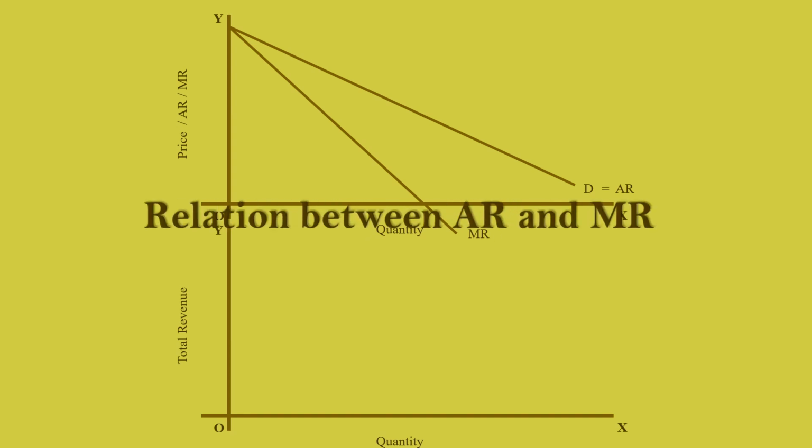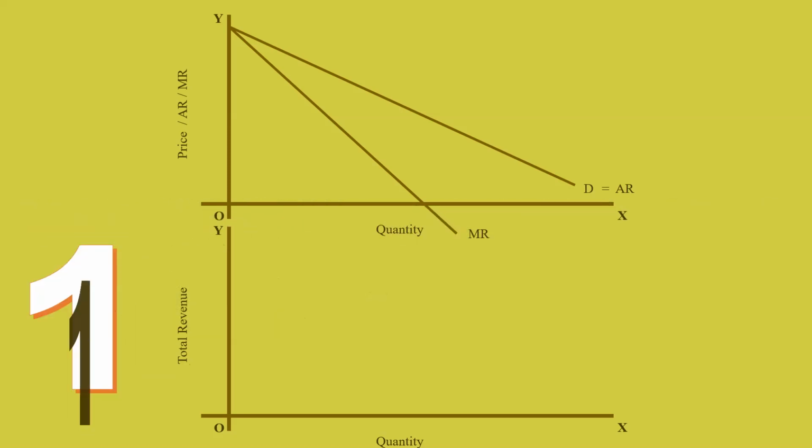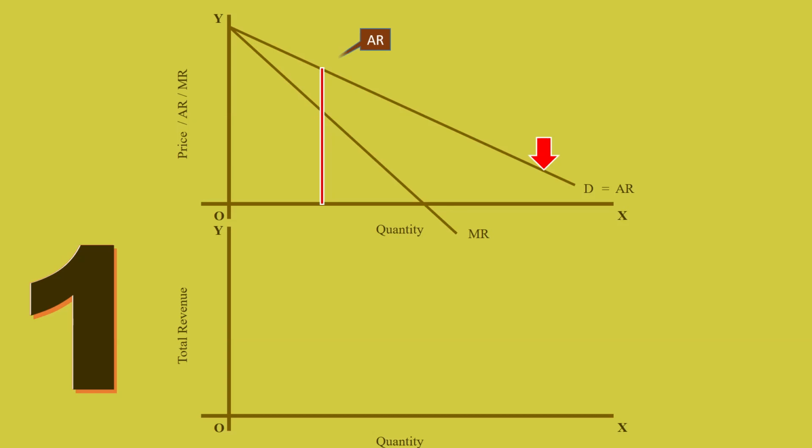We shall examine the relation between average revenue and marginal revenue first. 1. When average revenue falls, marginal revenue is less than average revenue. Marginal revenue curve lies below the average revenue curve. 2.